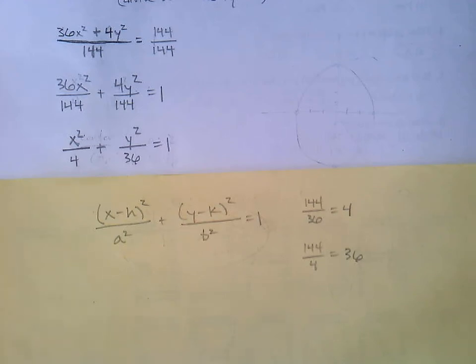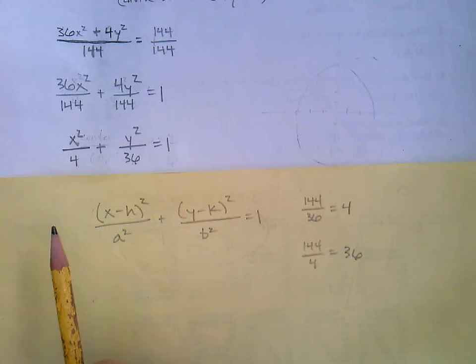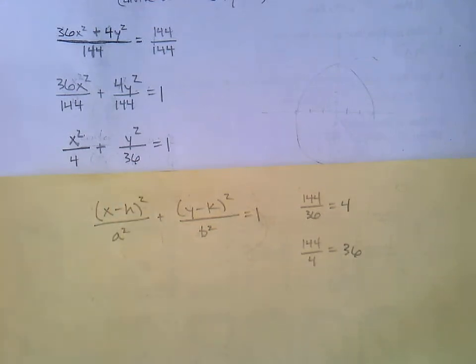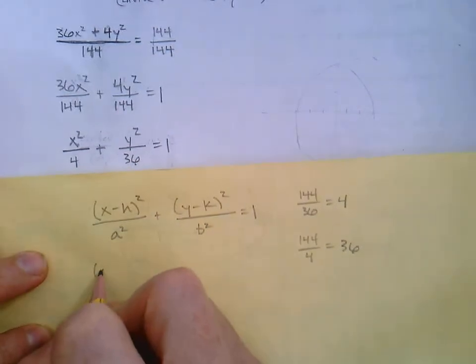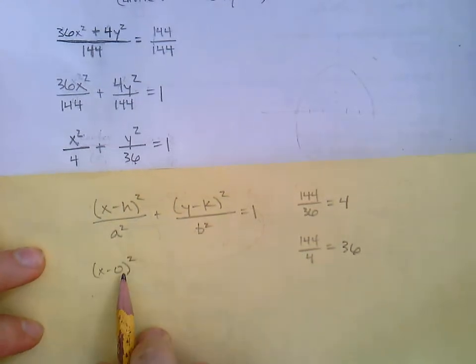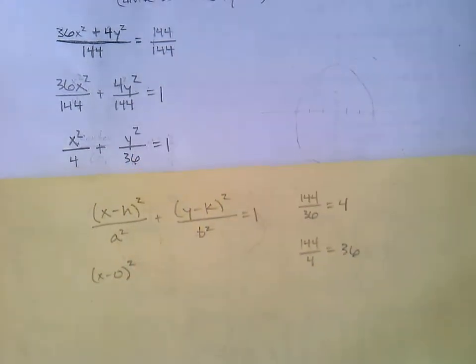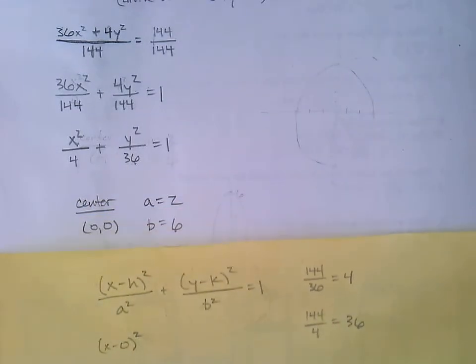All right. So let's identify h, k, a, and b from this standard form. What are h and k? Well, they're both 0. It's like we're saying x minus 0 squared would just be x squared, right? And it's the same thing with the k. So our center is 0, 0.